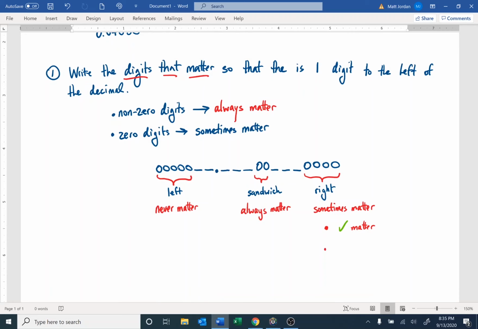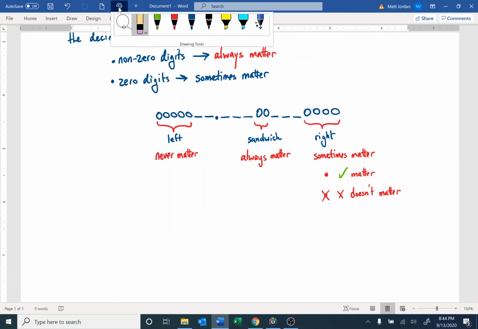So we're just going to draw a decimal and an X through it. If there is no decimal, that 0 does not matter. The right zeros are the most difficult because you have to analyze the number. If you see a decimal written in the number, then those zeros will matter. If there is no decimal expressly written, then those zeros do not matter.